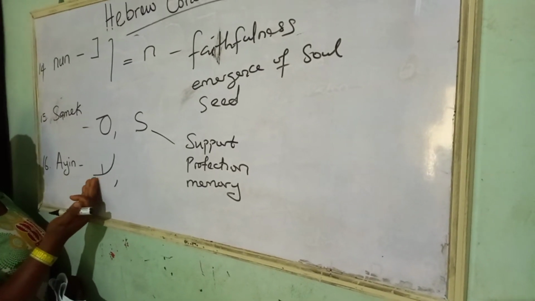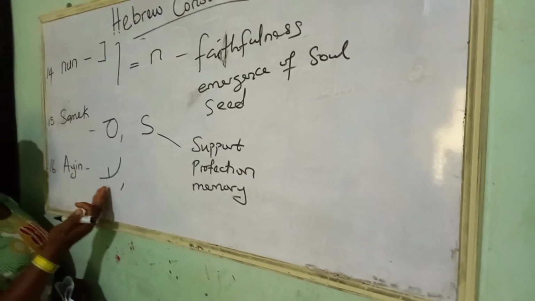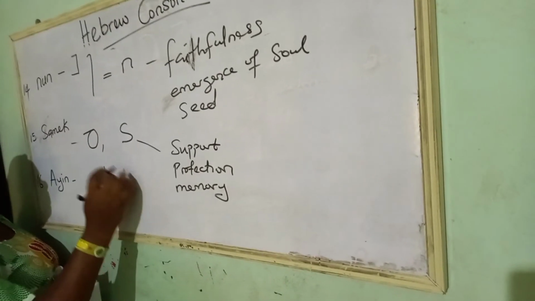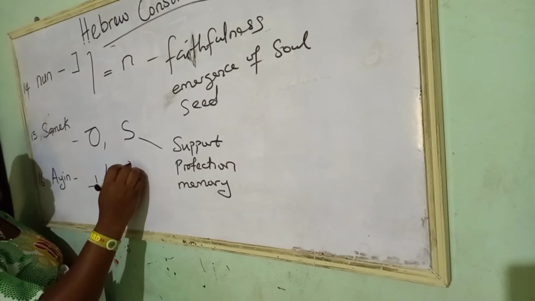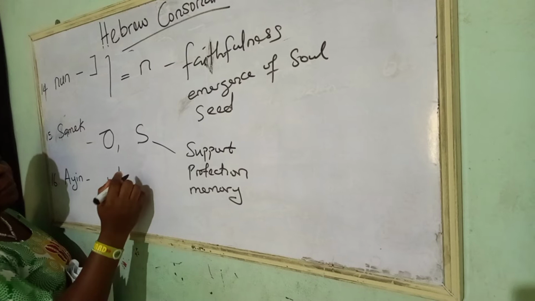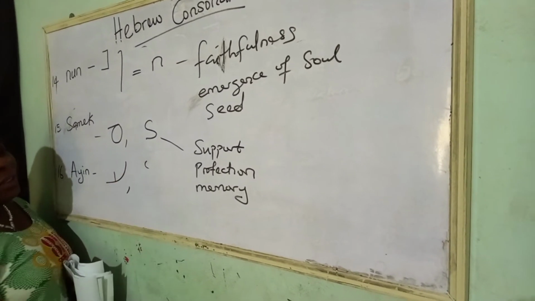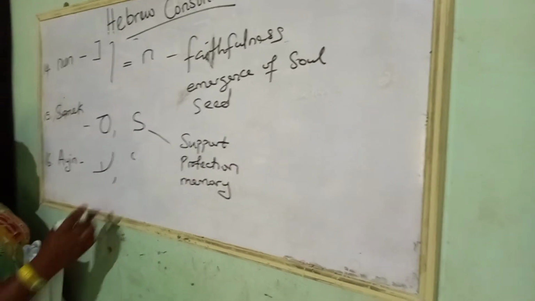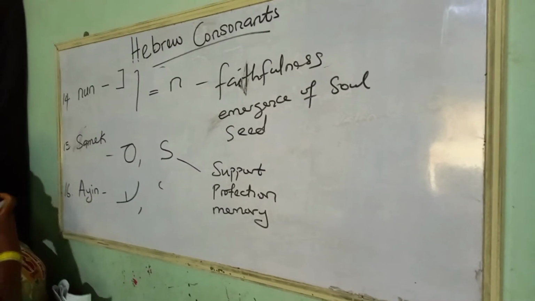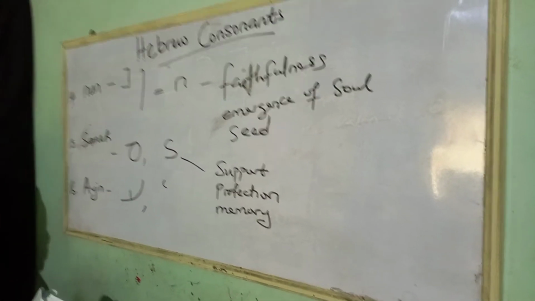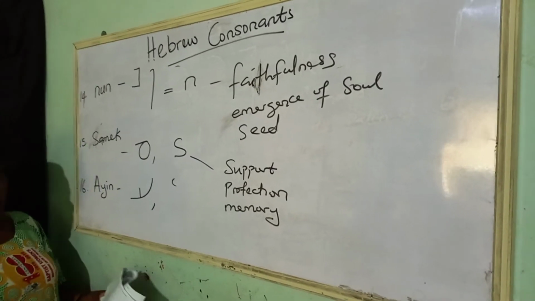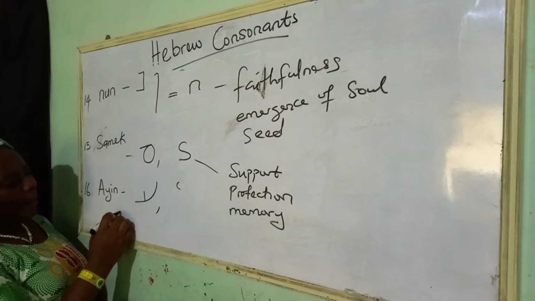There is no English equivalent for it, so it is transliterated as an inverted apostrophe. It's a guttural that is pronounced in the throat. Ani means I.